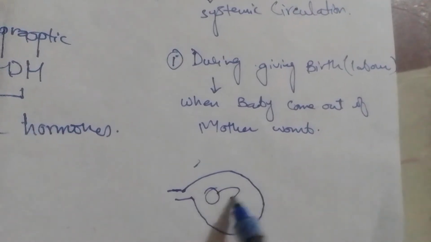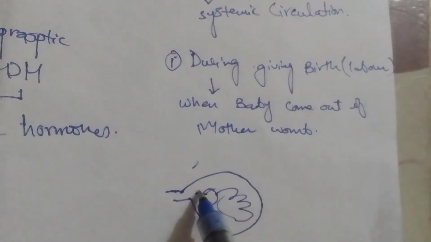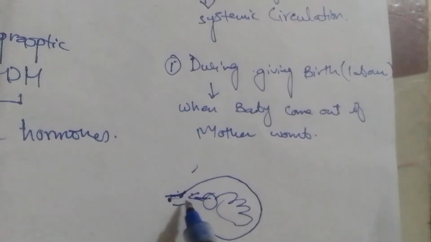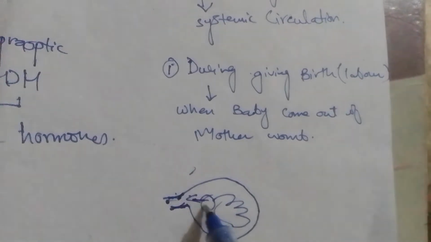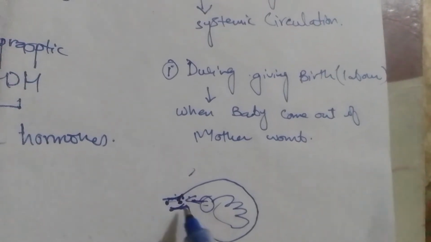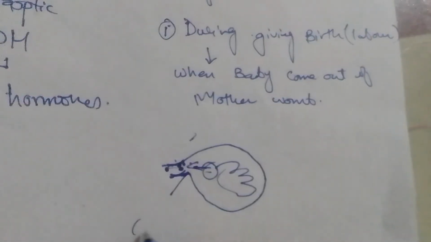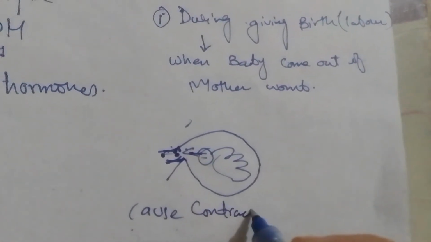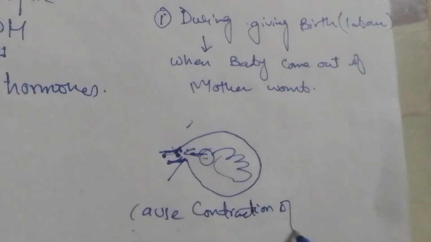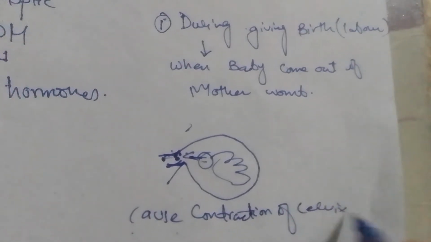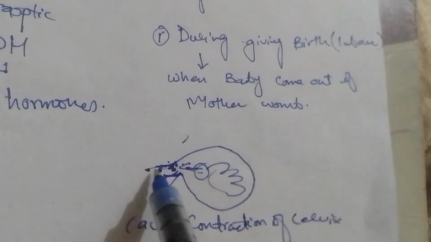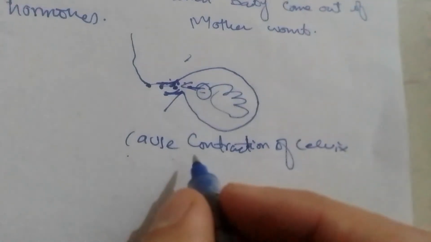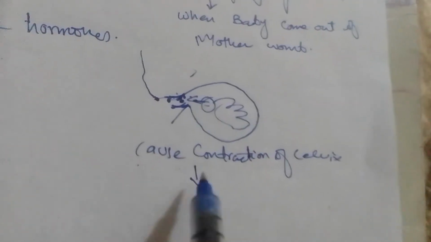If we suppose this is the womb of the mother and the baby in it, my drawing is not very good. When the baby wants to come out, it contracts the cervix. The contraction of the cervix is the stimulus for the posterior pituitary to release oxytocin.